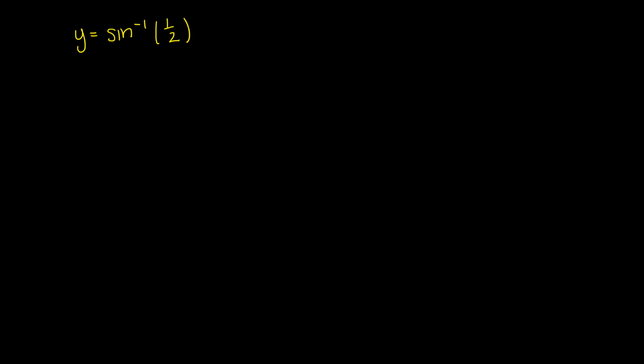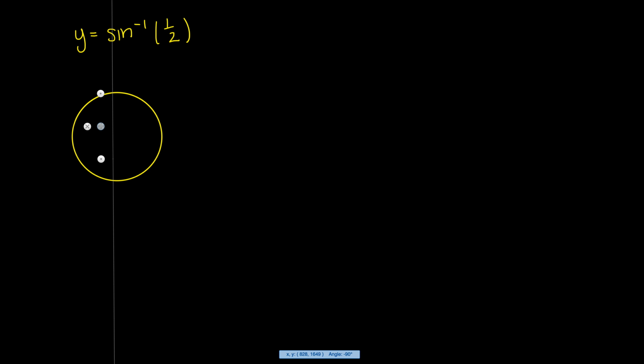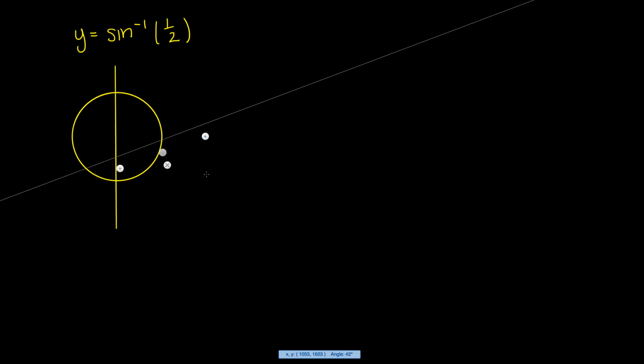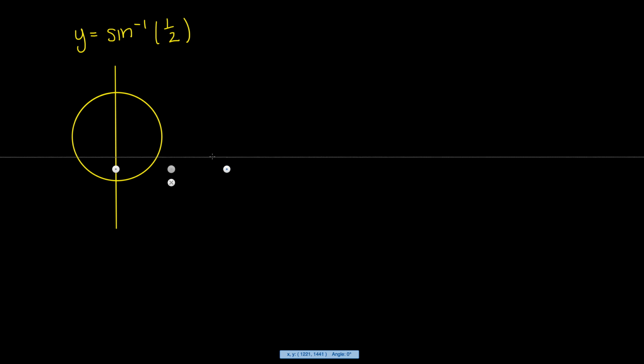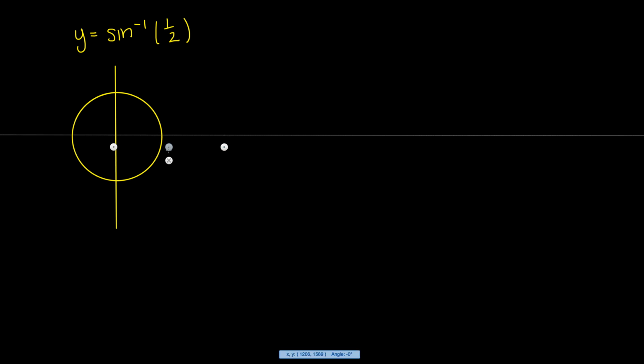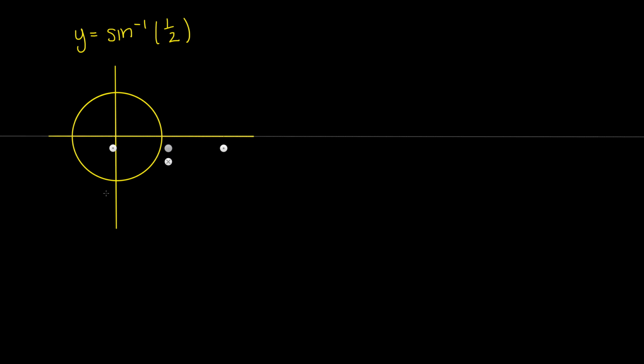All right, so going back to my unit circle, get my x's and my y's here. So looking at my unit circle, 1/2 is going to be between here and here.